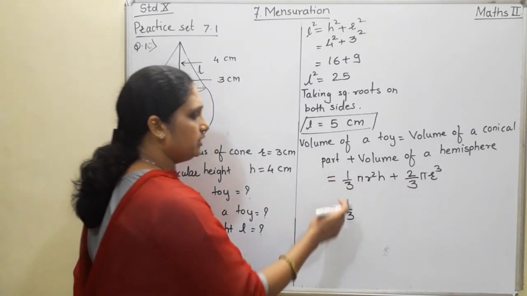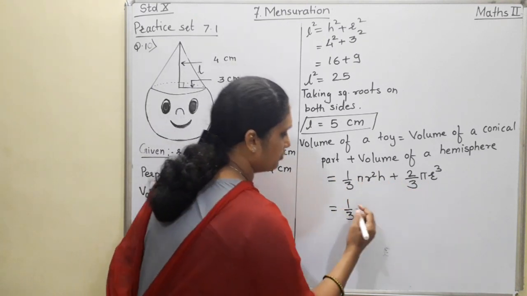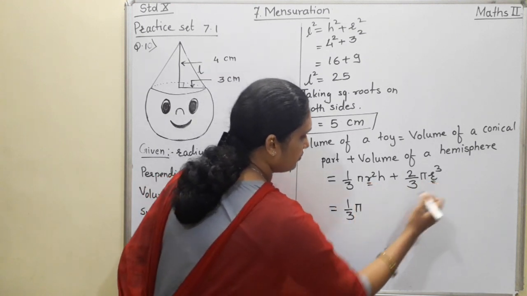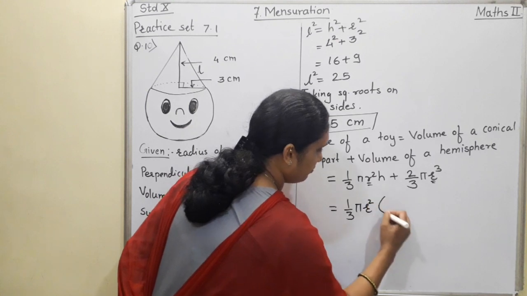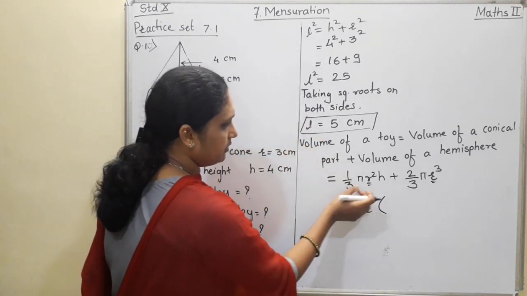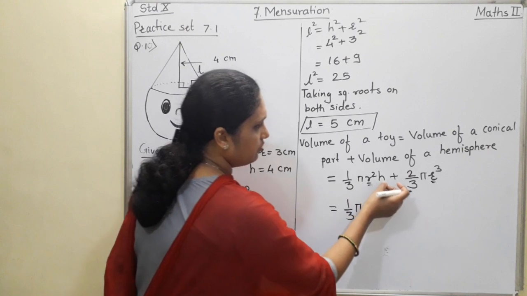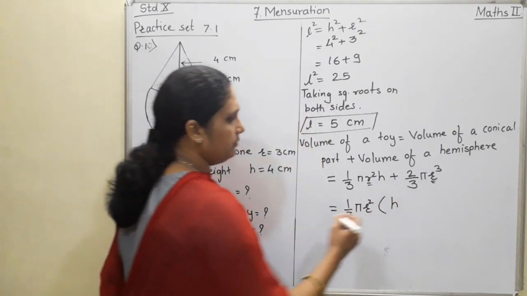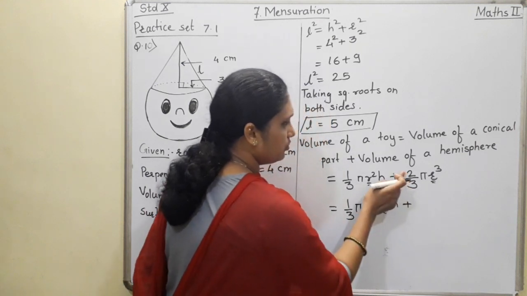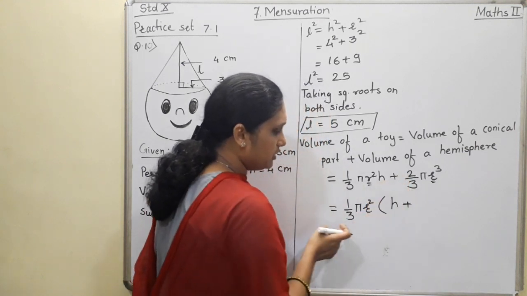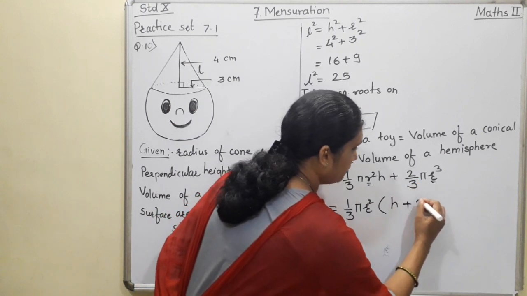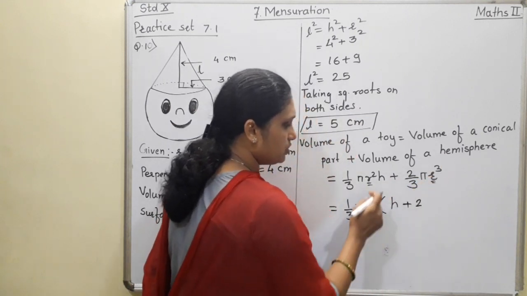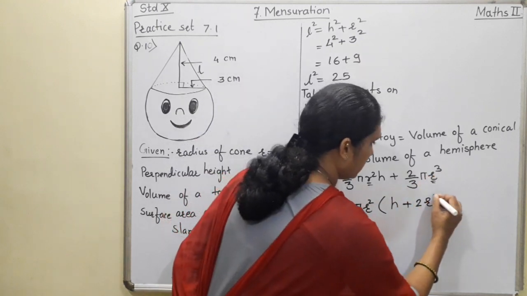So we'll take 1/3 pi r square out. What will remain inside? h is remaining, plus, from 2/3, if 1/3 is out, 2 is remaining inside, pi is already out, from r cube, r square is out, so 1 r is there inside.